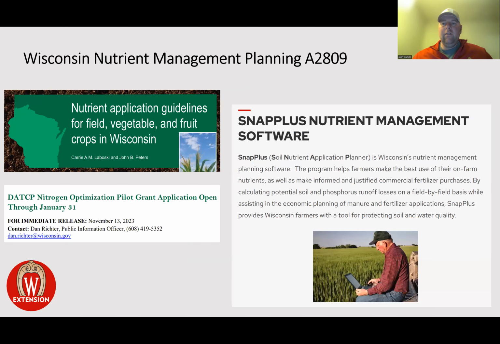Okay, so all these nutrient recommendations are available for you, and that's what you're hopefully going to sign up and renew your farms with: the SnapPlus nutrient management software.